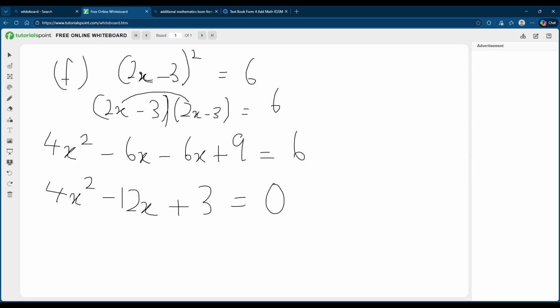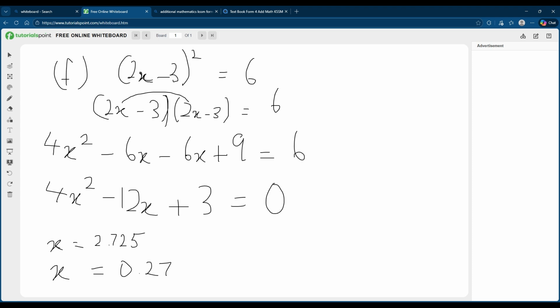The final answer is x equals to 2.7247 using a calculator, rounded off to 4 decimal places, or x equals to 0.2753. Sorry about my handwriting.